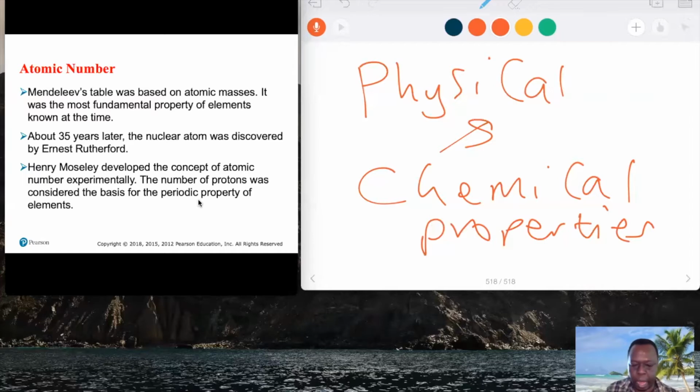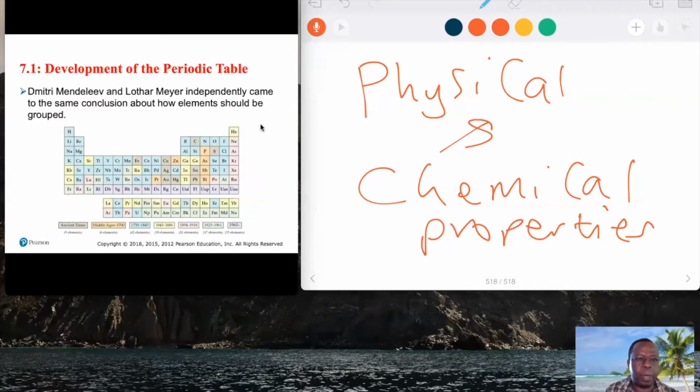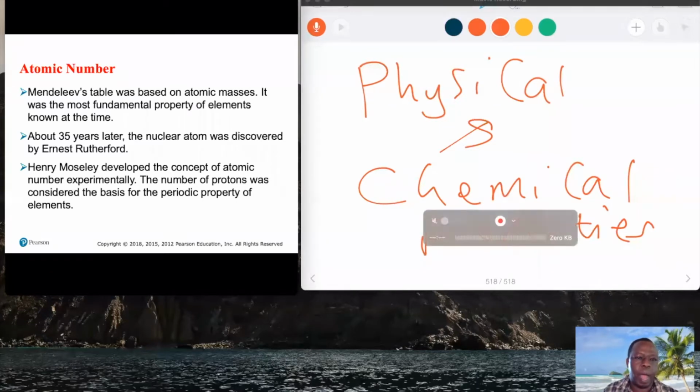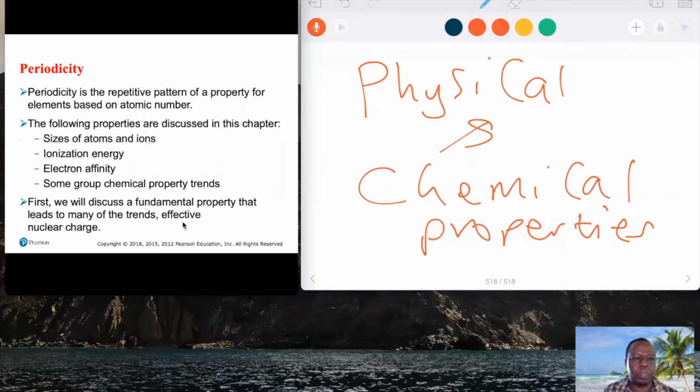So you know now that the table you see here, number 1, number 2, number 3, number 4, is what we call atomic number for each element. And you know what they are on the periodic table. I will not ask you, or no one will ask you, to memorize those numbers, but you should be able to identify the atomic number, which is different from the atomic mass or atomic weight of each element.